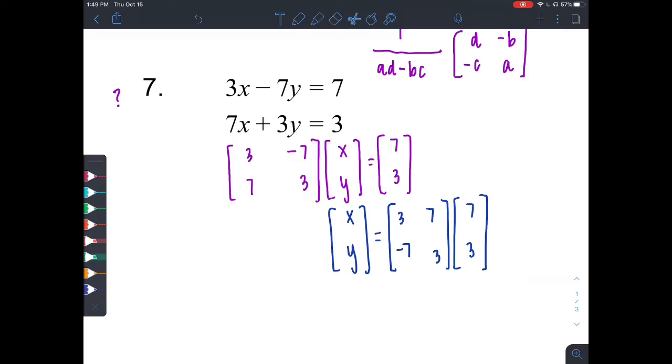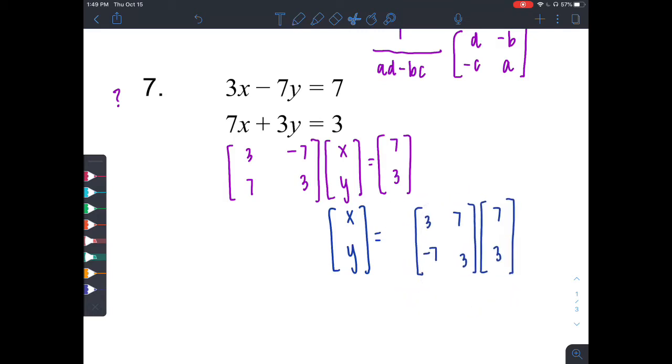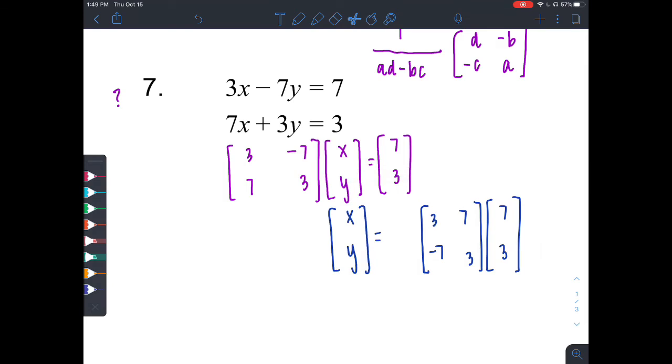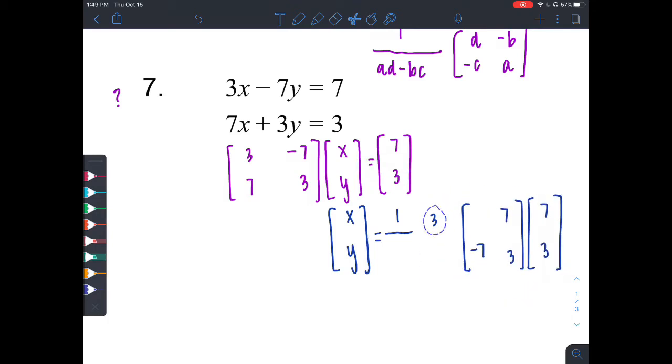Oop, I forgot one thing. We need to multiply by the 1 over AD minus BC.